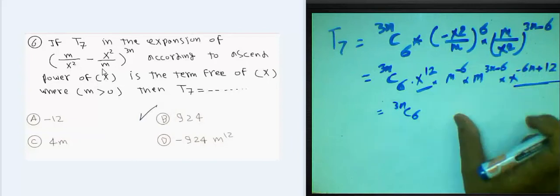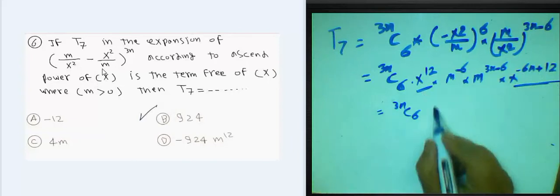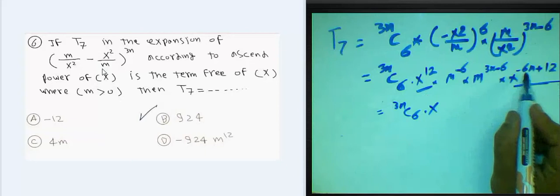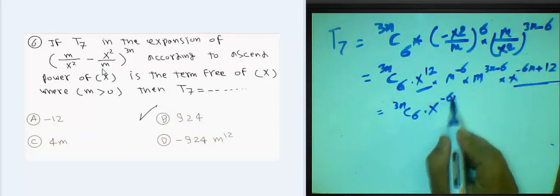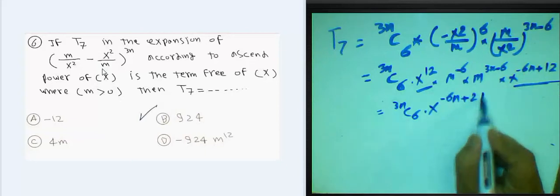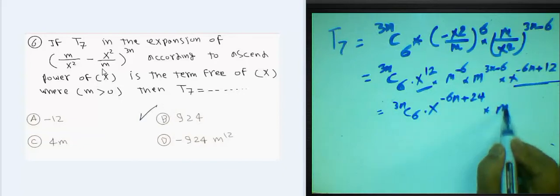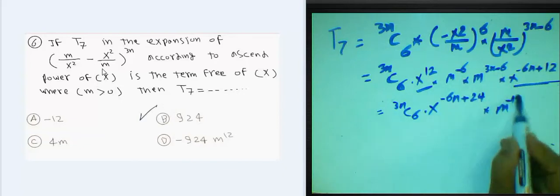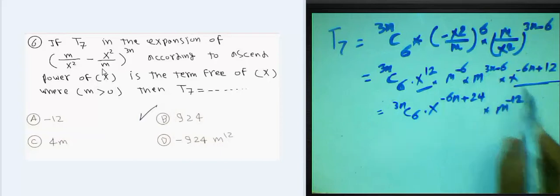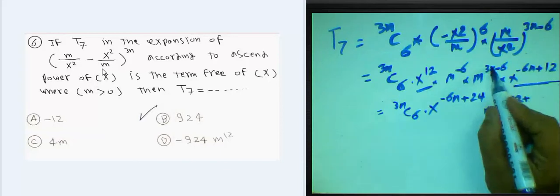We can add them because we have the same base, right? X power negative 6n plus 12 equals 24, multiplied by m power negative 6 and negative 6, which is negative 12 plus 3n.